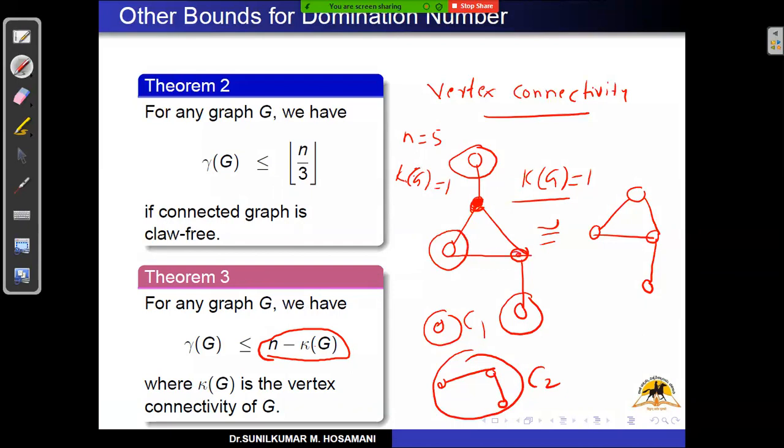So domination number of this graph is 2. You have to consider only these two vertices. So domination number is 2. So 5 minus 1, 4. So clearly 2 is less than 4. Okay. So here we have expressed upper bound for domination number in terms of number of vertices and vertex connectivity. Okay. So this is my third bound.